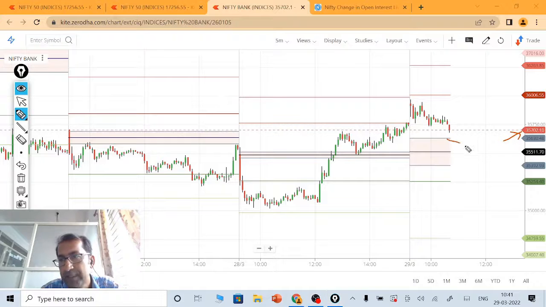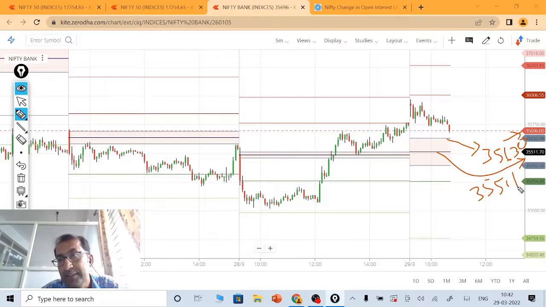The upper range of pivot is 35,630, and the pivot is at around 35,511. As long as Bank Nifty is sustaining above 35,630, you can go long for a target of 36,000.